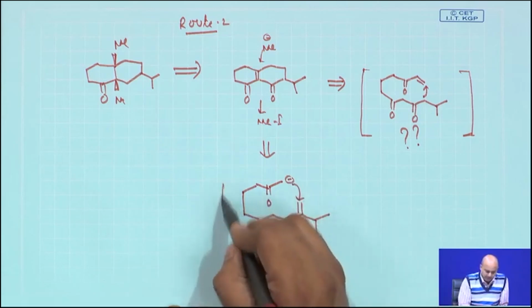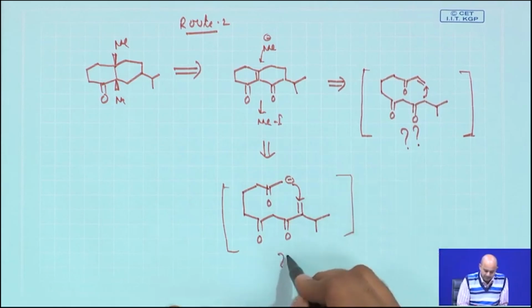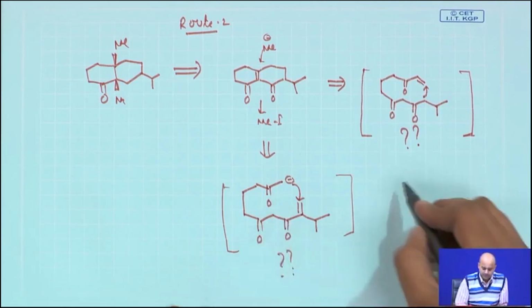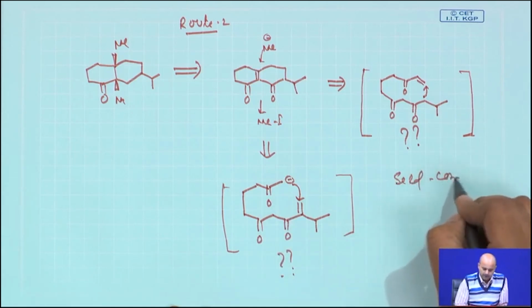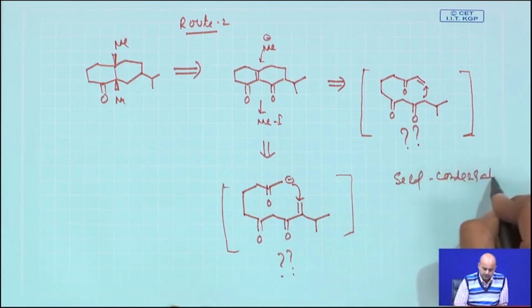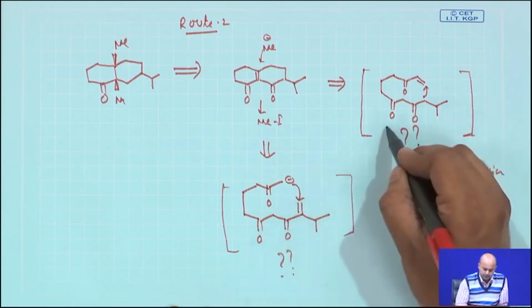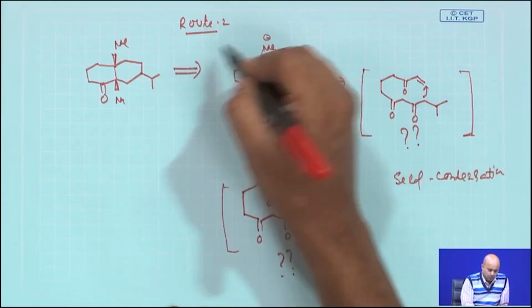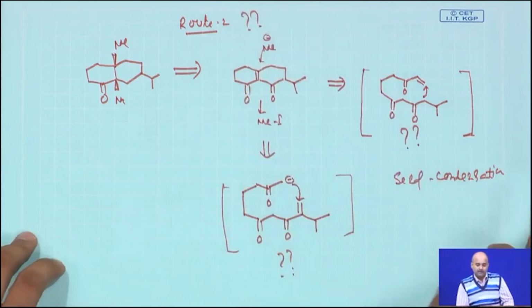Now, again I am saying this starting material is very dicey, because you have too many carbonyl groups in the compound, and all this will basically lead to self condensation, and is very difficult to handle. These two substrates are very difficult to handle. That is why this route 2 will put a big question mark, though it is logically valid.